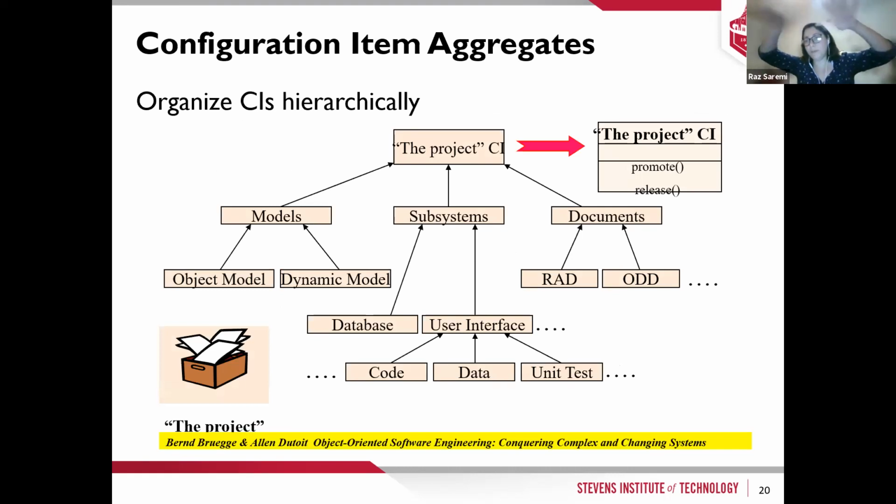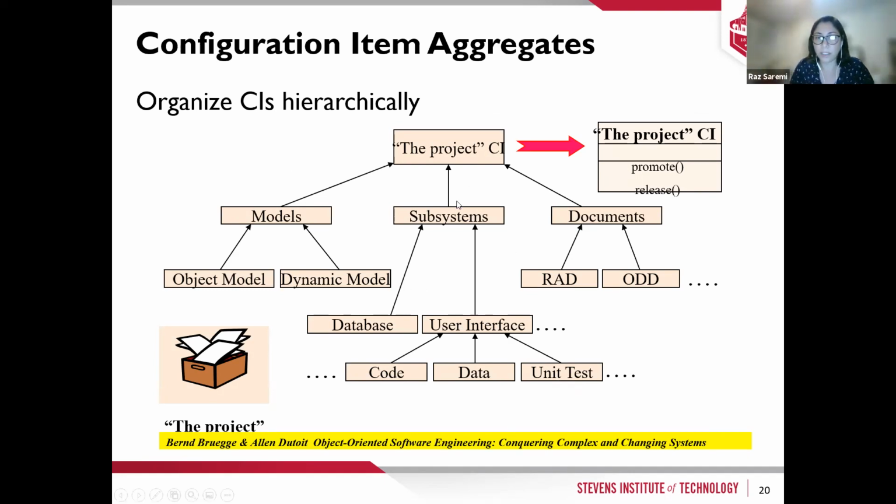From top level to bottom level, the size of configuration items are different, right? So if I'm starting from the lowest part, a code has a configuration item, data has a configuration item. Therefore, when I'm going for user interface configuration item, it already can be decomposed to different, smaller size configuration items of subsystems that I have.